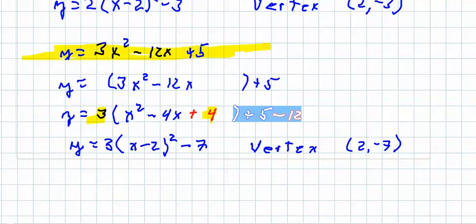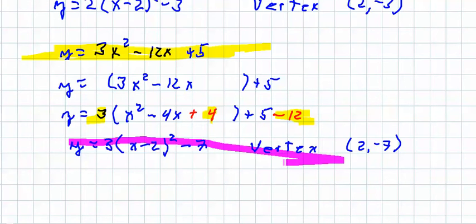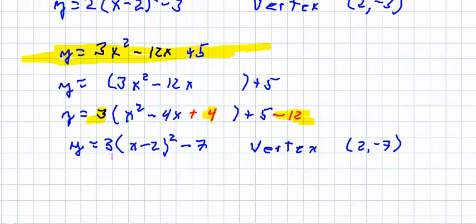So my final equation then is y equals 3 times (x minus 2) quantity squared minus 7, where our vertex is (2, negative 7).